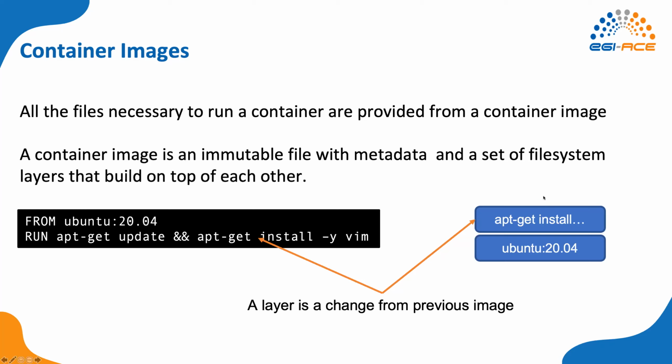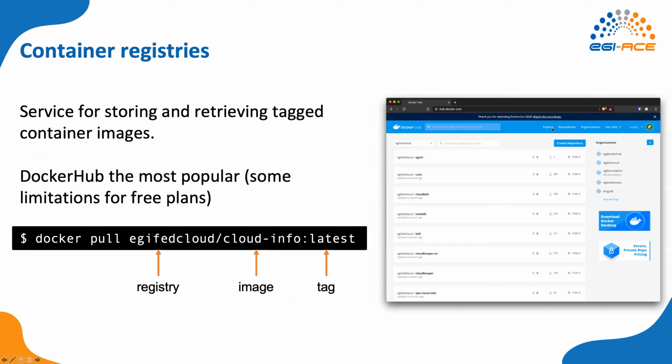So container images are what you need to really run a container. It's the files that you will run when running a container. Container images can be made available in Container Registry, which is basically an online service for storing and retrieving images. Those images are tagged, and here you can see an example of a command line to get a specific image.